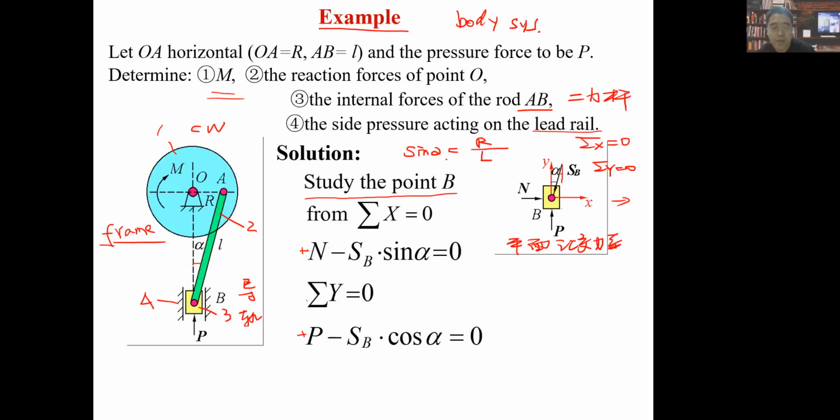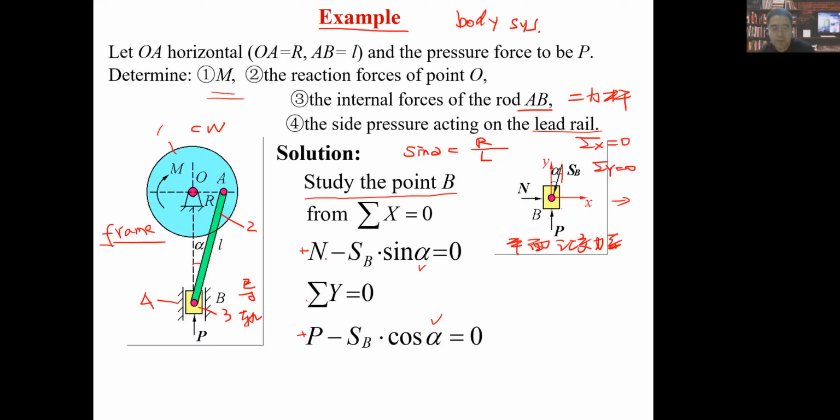And if sine alpha equals R over L, then cosine alpha will equal LOB over L, right? So this sine alpha and cosine alpha are known.